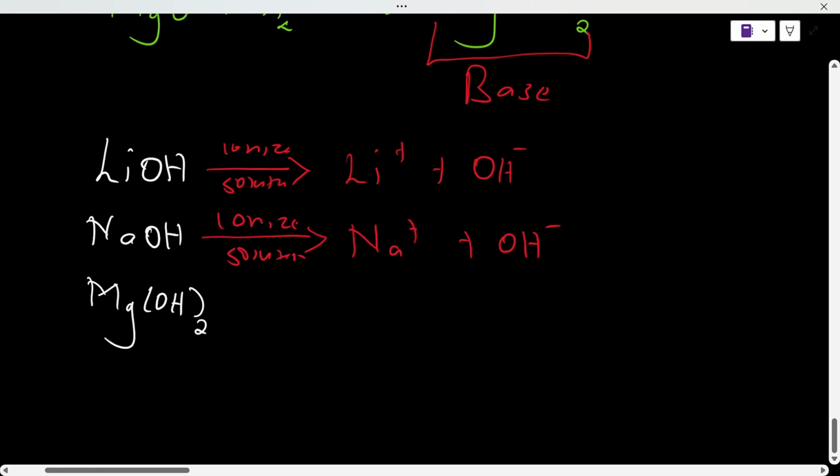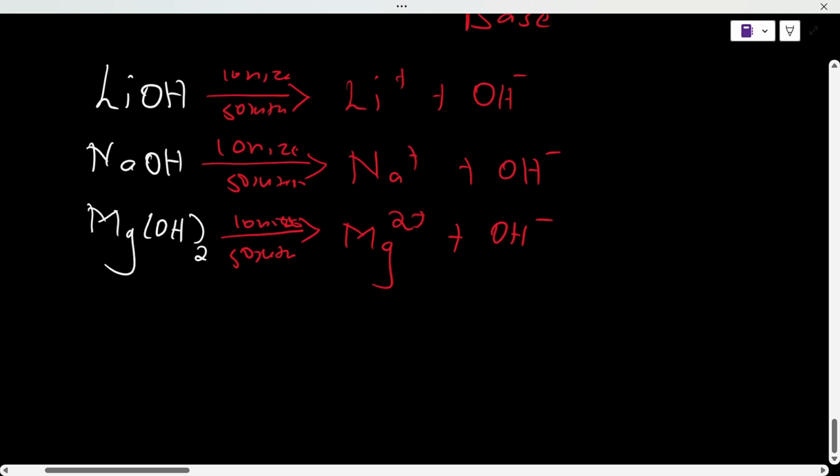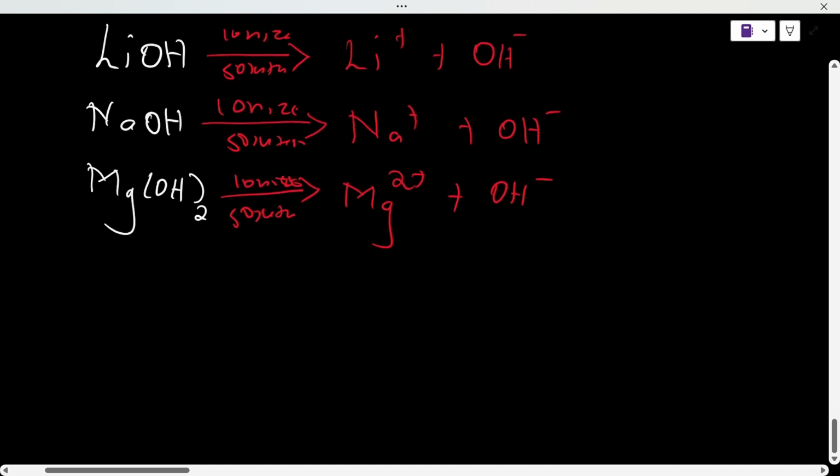I've still justified the Arrhenius concept. If this were to ionize in solution, I will form Mg 2 positive plus OH minus. I've justified the Arrhenius concept. But what about the Bronsted-Lowry?